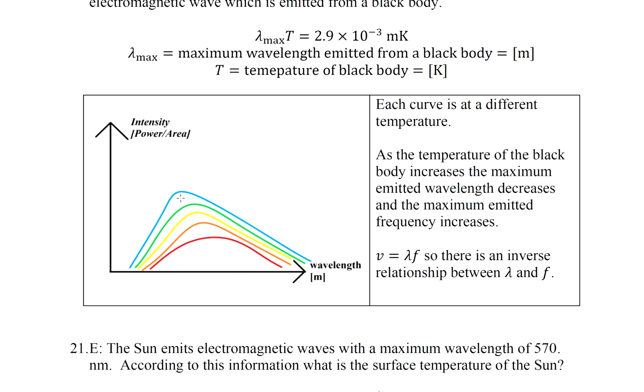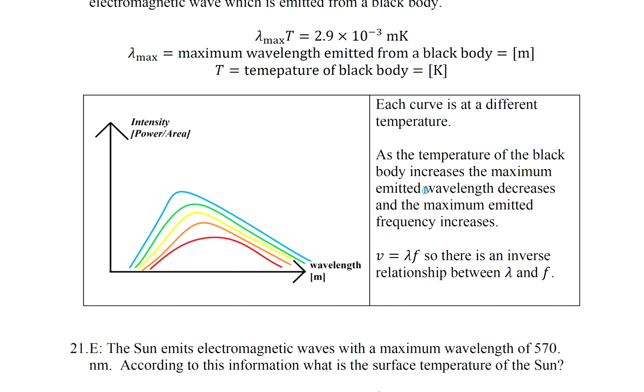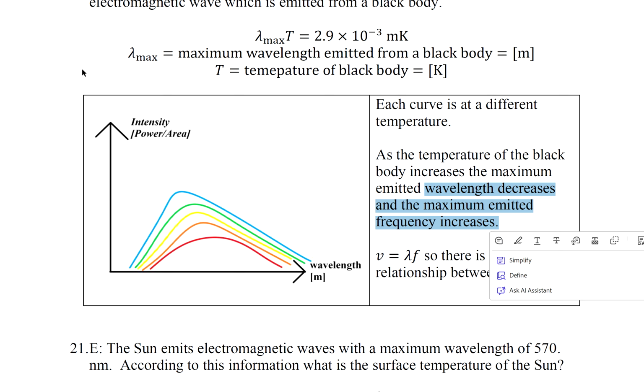As the temperature of the black body increases, the amount of intensity radiated outwards increases, and the maximum wavelength decreases. So if the maximum wavelength decreases, then the frequency increases. So maybe you're asking yourself, what's the meaning of wavelength and frequency? You'll learn more about that when we learn about waves, hopefully.